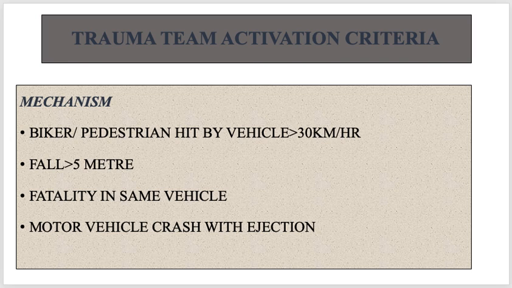And the last one is the mechanism: a biker or pedestrian hit by a vehicle at a speed of more than 30 km per hour, a fall from a height greater than 5 meters, a road traffic accident where there is a casualty in the same car, and anyone ejected in a crash. These are the criteria, and again no need to remember, just to give you an idea of when the trauma team should be activated.